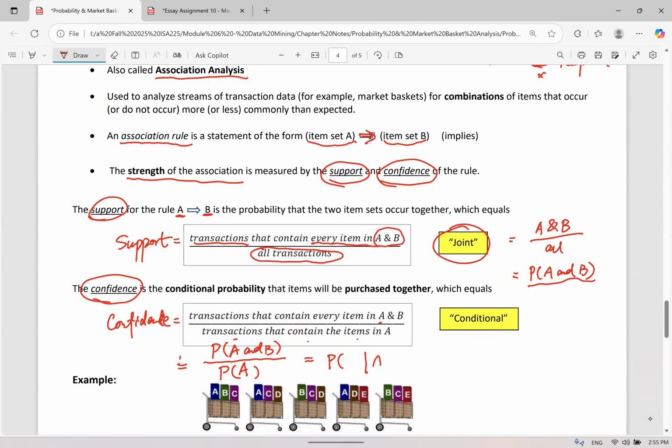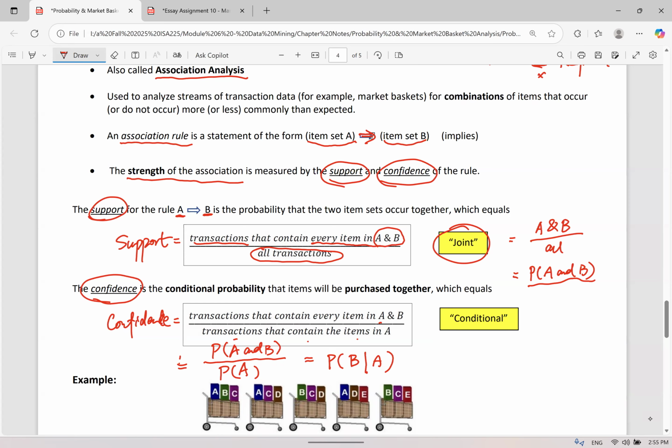By the multiplication rule, is that just the probability of B given they already bought A? That means given the customer already bought A, what is the probability this customer will also go and buy B, so that both A and B are in this customer's basket?